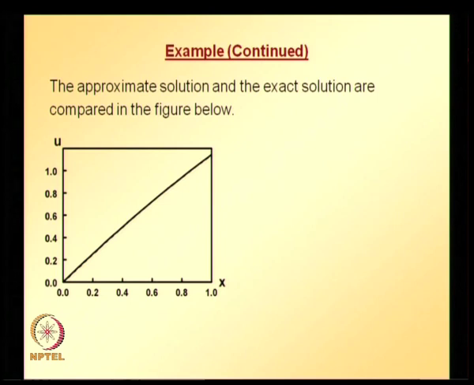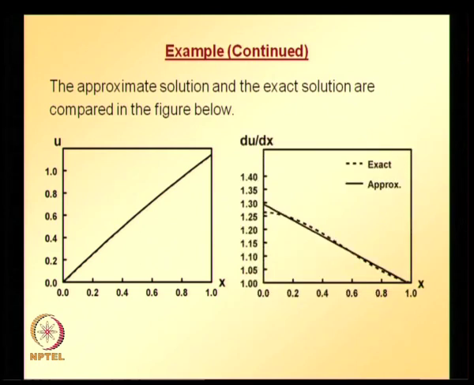The approximate solution and exact solution are compared in the figure below, and here they are almost overlapping each other. So you are unable to make any distinction between approximate and exact, but if you take the derivative you can clearly see some error in the approximate solution when compared to the exact solution.